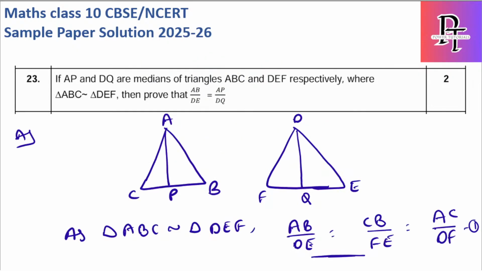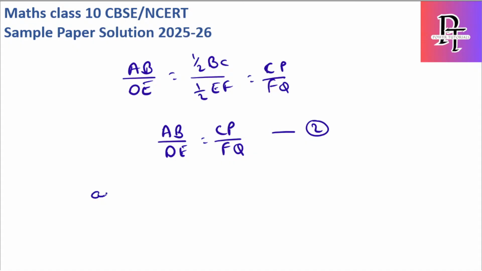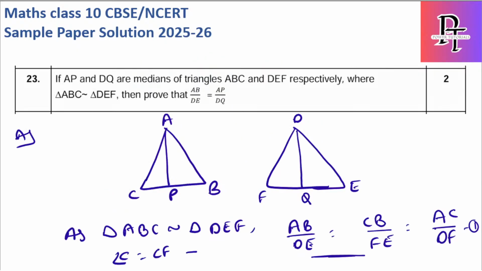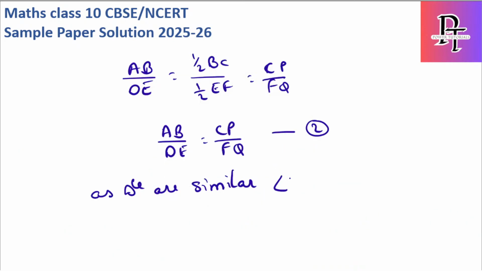Okay. Now the third condition, as we have triangles ABC and DEF similar, I can also say angle C is equal to angle F. I'll write it again, as triangles are similar, angle C is equal to angle F. This is 3.